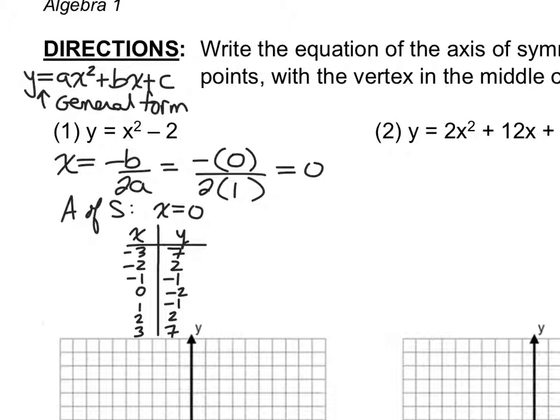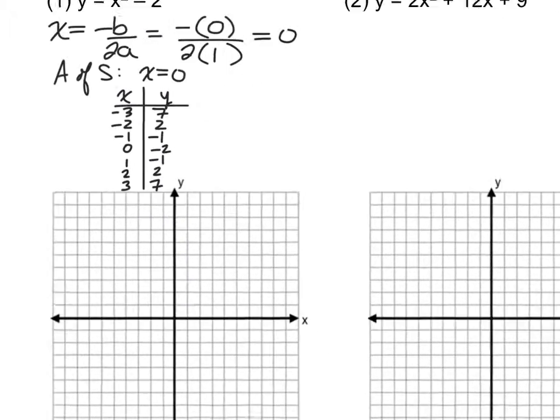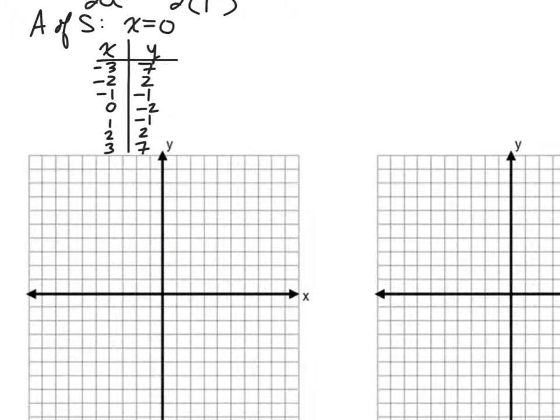Just take a look at your values and make sure that they're not going to be out of bounds. Okay, so negative 3, 7. Negative 2, 2. Negative 1, negative 1. 0, negative 2, and so on.